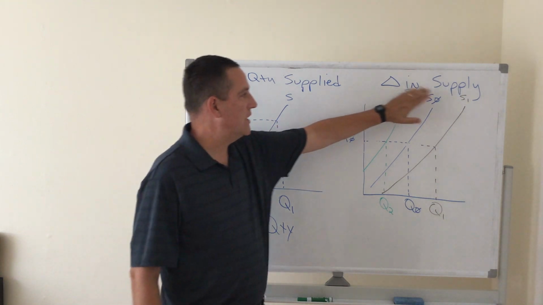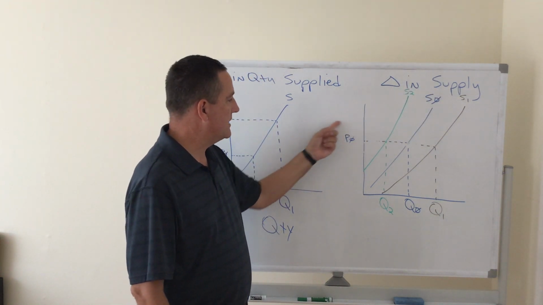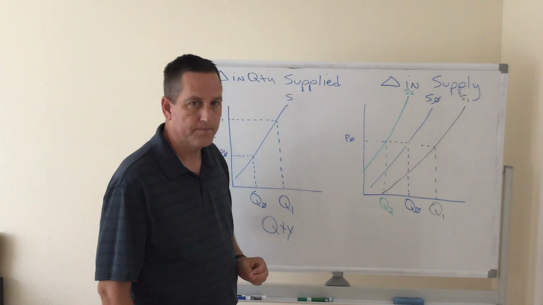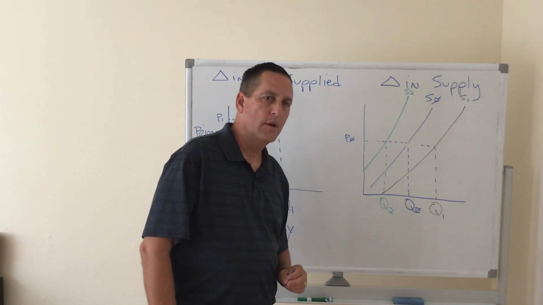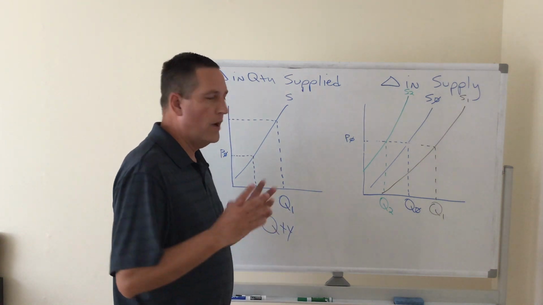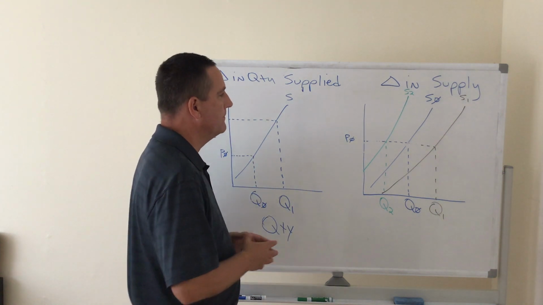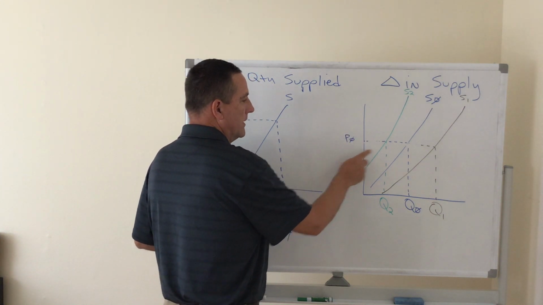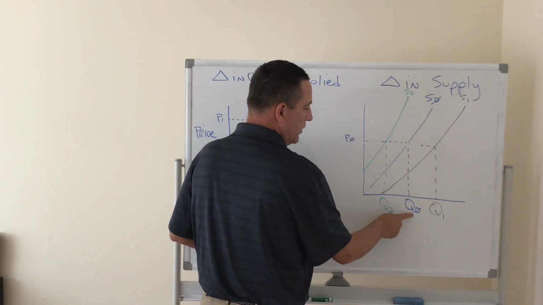Over here, with a change in supply, the price stays the same, and yet the quantity is changing. Okay. All right, so I like to do this one because I think it's one more way of explaining a change in supply. So this is you at, say, $15 an hour. This is how many hours of work you're willing to supply.